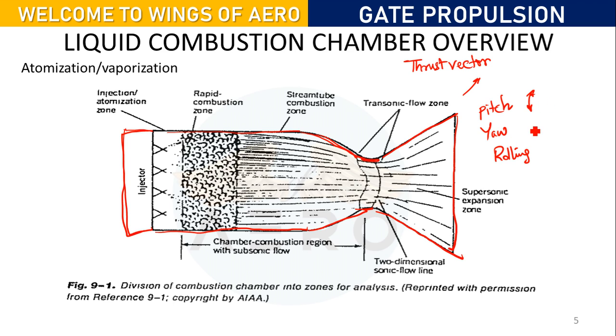Yaw means a sideways direction of the nose of the rocket. Rolling means it will roll along the axis. All those things can be done by thrust vectoring. We will also see the types of thrust vectoring; I will just give you a glance.